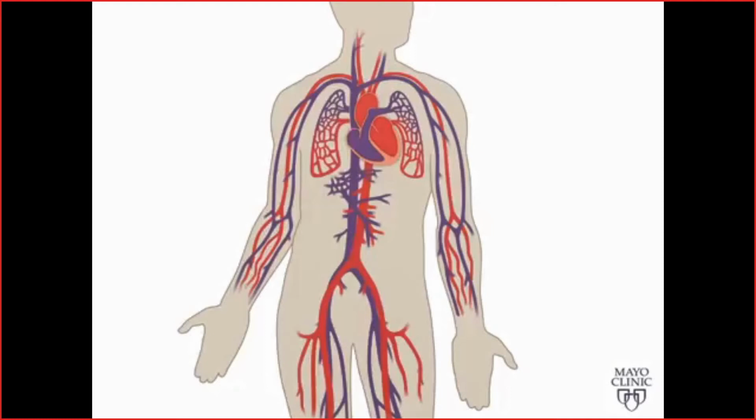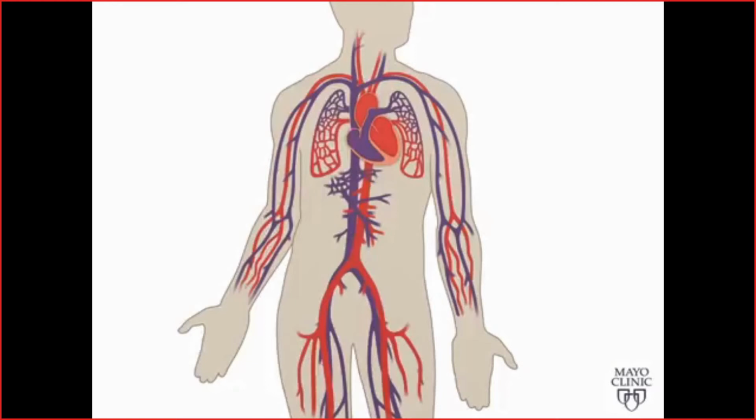Again, the vessels with red colors, which carry blood rich in oxygen, are called arteries. Except one type of artery which carries oxygen-poor blood, but most of the red vessels here are called arteries because they carry blood rich in oxygen.